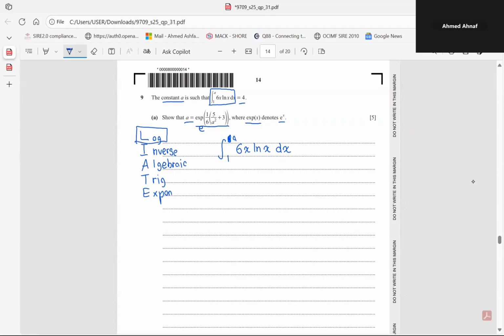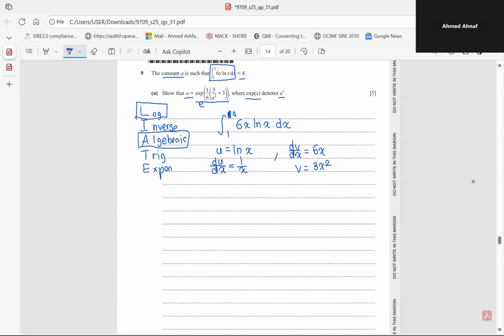So in this case, we have log and algebraic. So here, we're going to make our ln equal to u. So u would be ln x. So du dx would be 1 over x. And our dv dx would be 6x, and v would just be 6x squared over 2, which is just 3x squared.